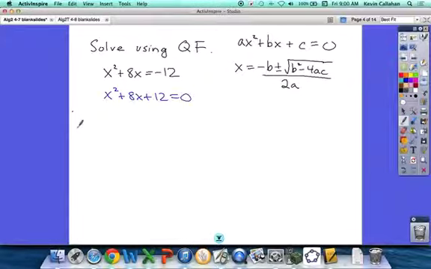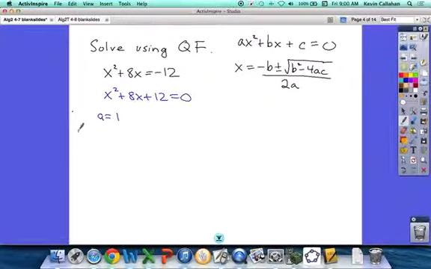Once you've got it in standard form, then you can identify the values of a, b, and c. a is the number in front of x squared. If you don't see a number in front of x squared, it's 1, because we generally don't write a 1, but it's there. So a is 1.